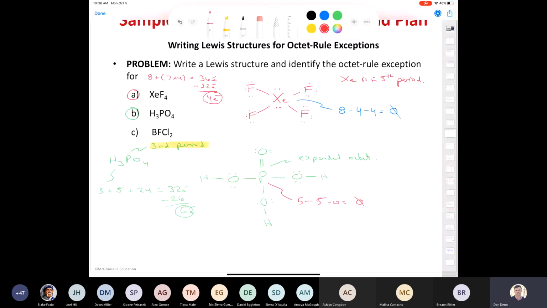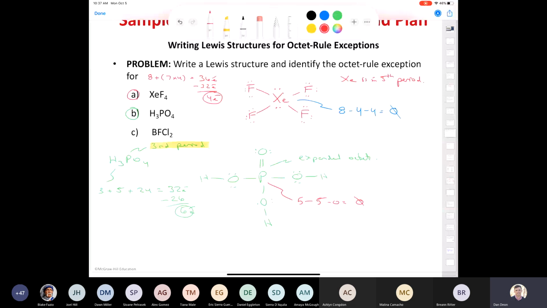The problem with the structure that I'm seeing here, Isabel, is that oxygen can never have 4 bonds. One of your oxygens has 4 bonds to it. So oxygen can never have more than 3 bonds and a lone pair. Also, I think you might have vastly exceeded the octet rule. 1, 2, 3, 4, 5, 6, 7, 8, 9, 10, 11, 12, 13, 14 electrons around the phosphorus.